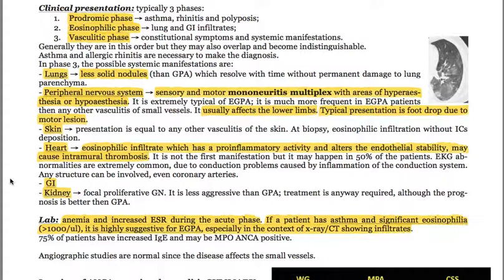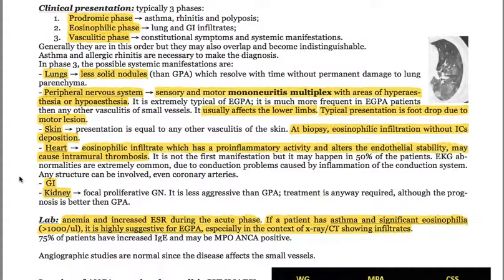In the skin, the presentation is equal to any other vasculitis of the skin. At biopsy, there is eosinophilic infiltration without immune complex deposition. In the heart, we have an eosinophilic infiltrate which has a pro-inflammatory activity, alters the endothelial stability, and may cause intramural thrombosis.